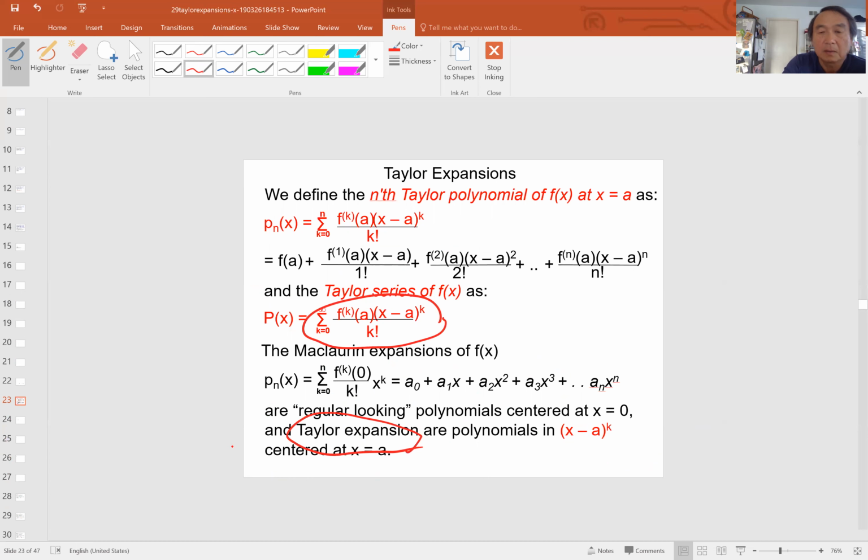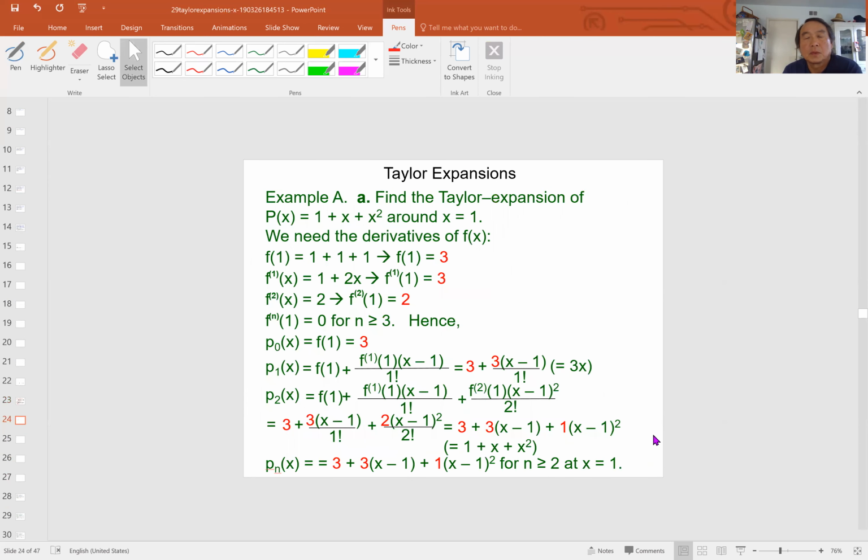Oh, by the way, these two are exactly the same polynomial. If I expand the top one and write everything in x, then it should come out to be the same as the Maclaurin series. Okay, same formula written a different way.